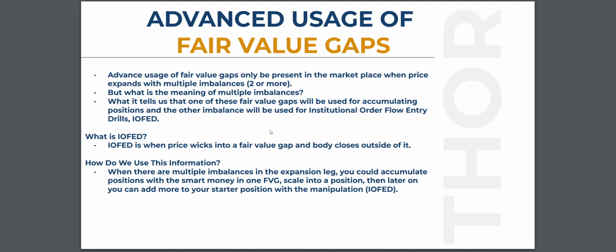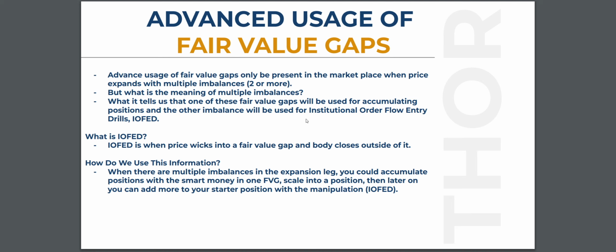When there are multiple imbalances, fair value gaps, in the expansion leg, you could accumulate positions with the smart money in one fair value gap, right? Scale into a position. Then later on, you can add more to your starter position with the manipulation, meaning IOFED. Now, on the relative time frame, whenever you have multiple imbalances, you're not going to be able to see the manipulation lower, right?